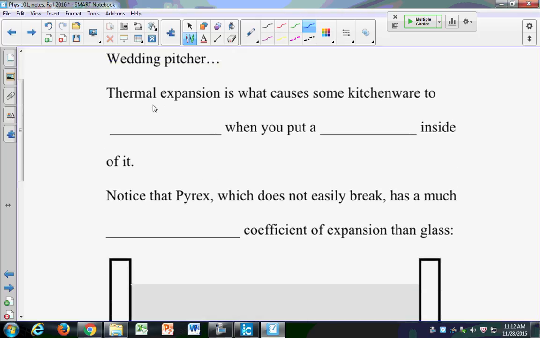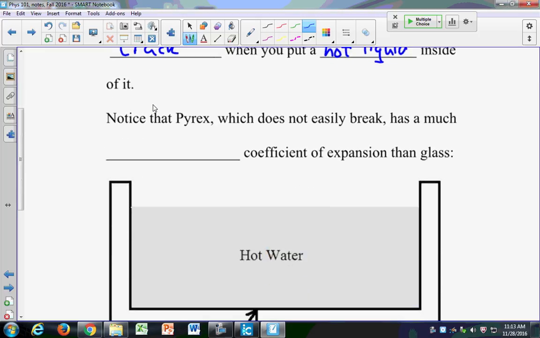So what happens there is that when you put a hot liquid, like tea, into some kitchenware, it can cause it to crack. Remember we saw earlier that Pyrex and glass have different coefficients of linear expansion. Pyrex had the smaller one, so it expands less when the temperature increases.